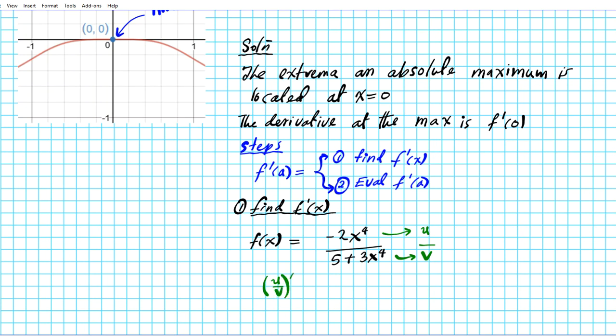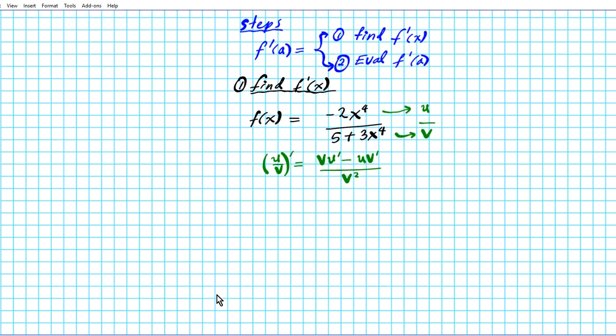U over v prime is equal to v u prime minus u v prime, all over v squared. So you have low d high minus high d low over low squared. We're going to substitute the functions for u and v in this formula, and then compute the quotient.